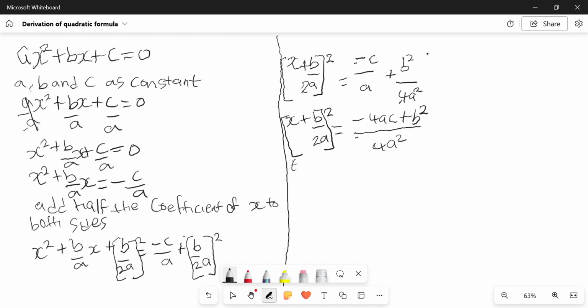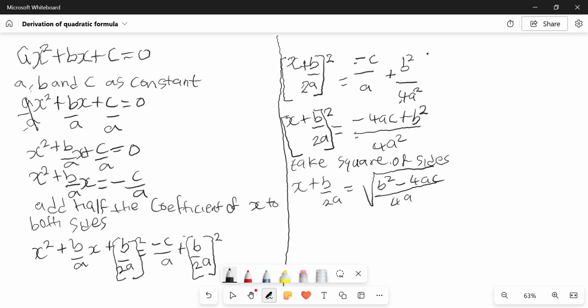So with this, let's take the square root of both sides. So you take the square roots of both sides. So you have x plus b all over 2a equals root b squared minus 4ac all over 4a squared.